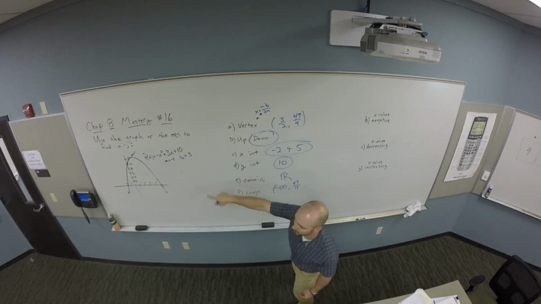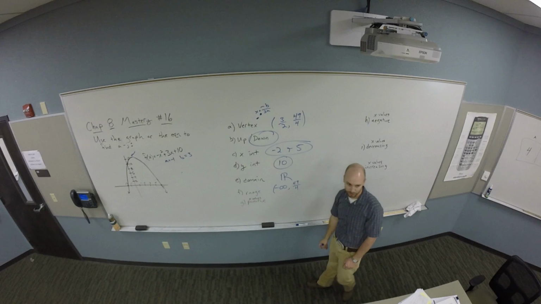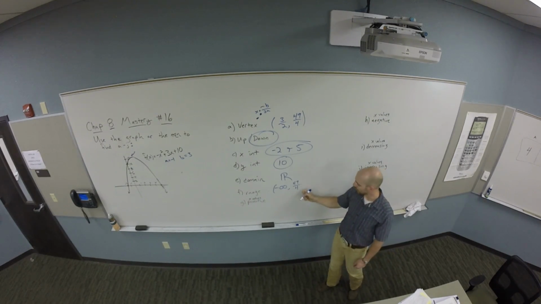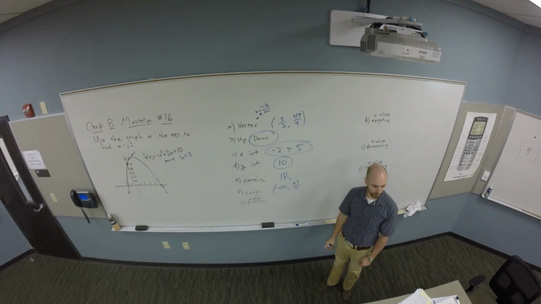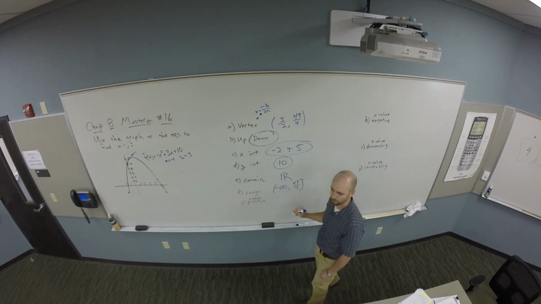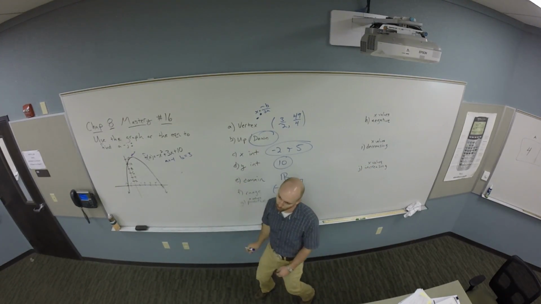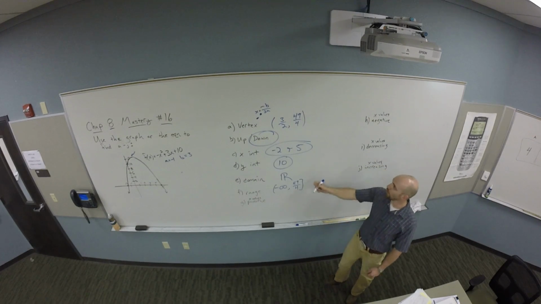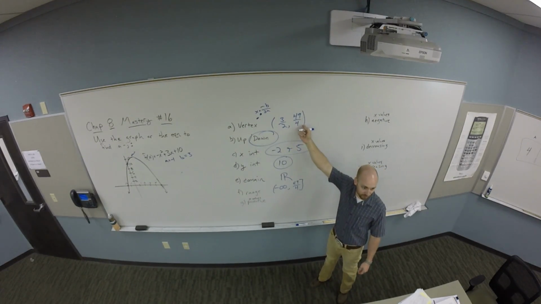I definitely agree. It looks like minus infinity to 12 on the picture. What kind of bracket do I put on 49/4? Closed or open? Closed, because that's the highest point. Yeah, because it does actually get to that point. In fact, I know an input, 3/2, that gives me that output.